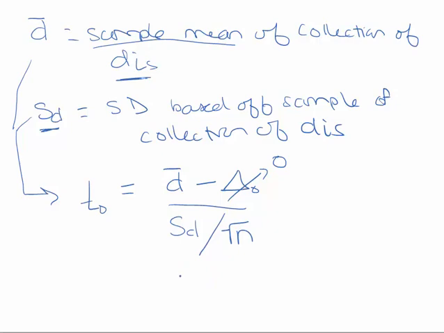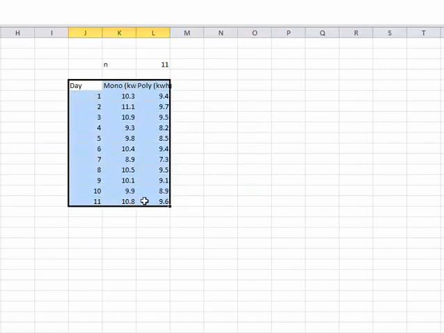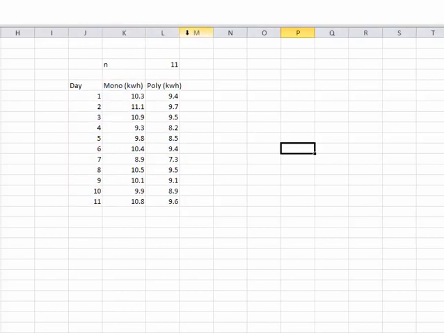So again, just wanted to remind you that our T naught uses the student's t-distribution. So basically, we can go to Excel. In Excel, you'll see that I've collected some data.